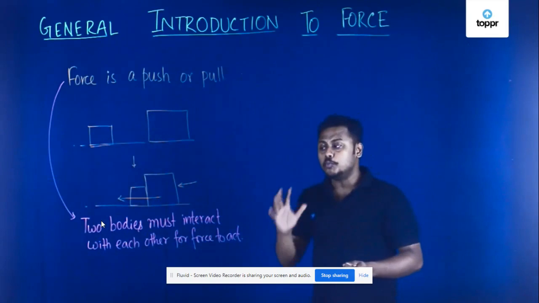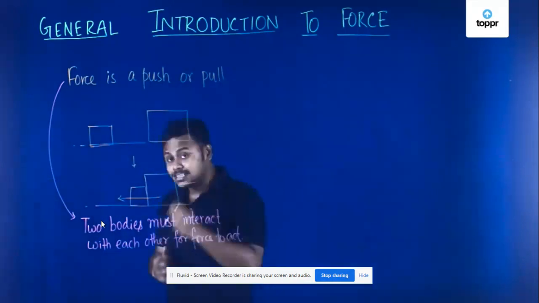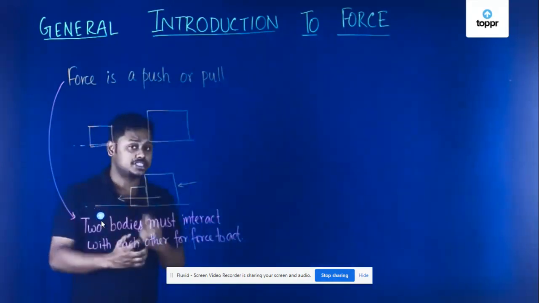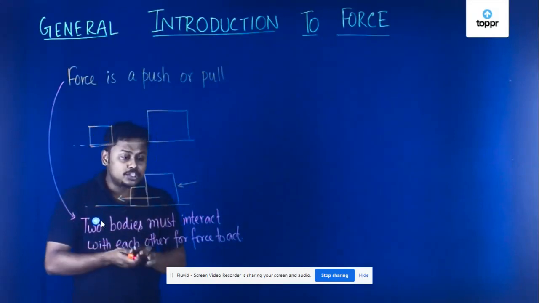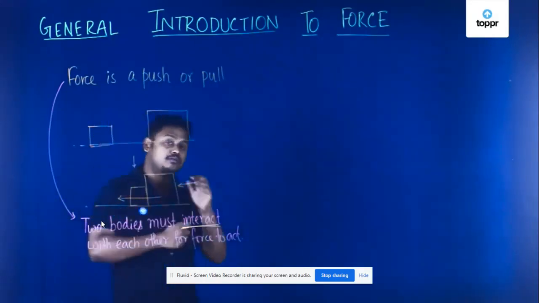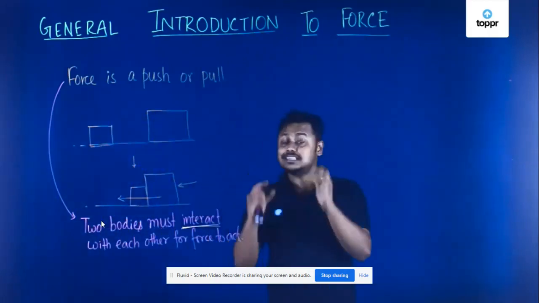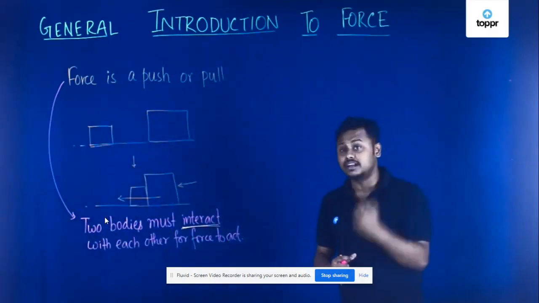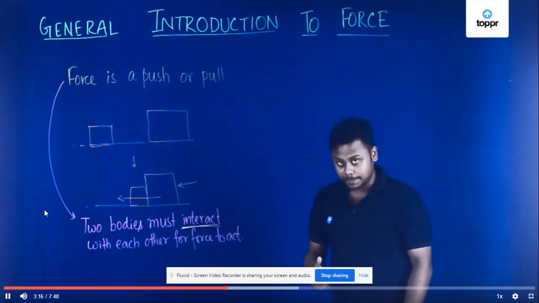So two bodies do not necessarily have to be in contact, but there must be proper interaction between them for force to act. This is the general description of force.